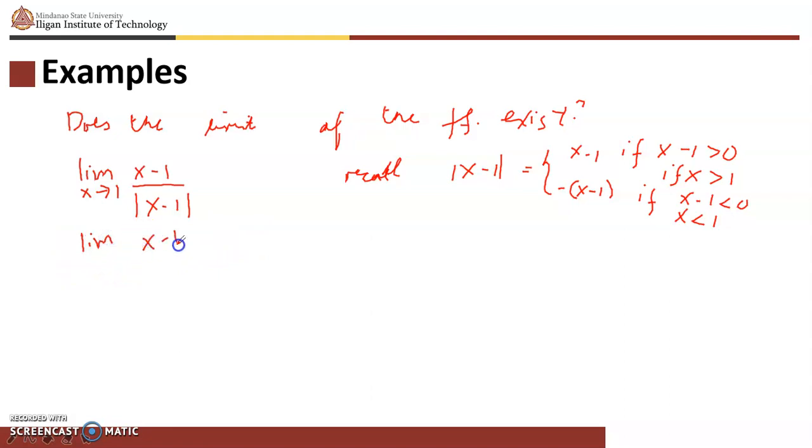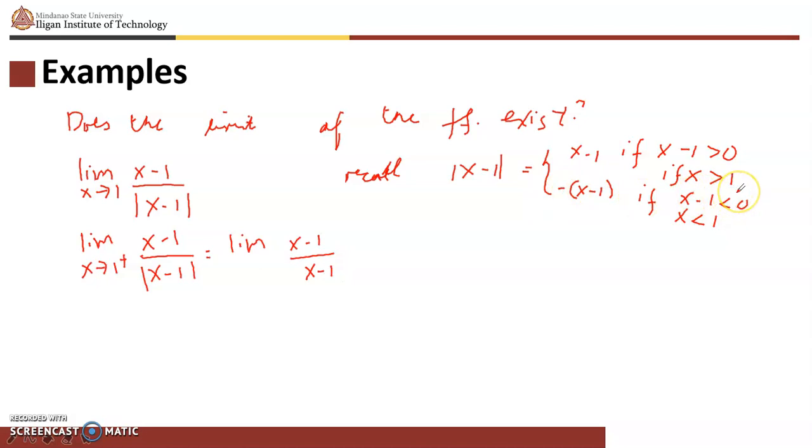Okay, so we can take the limit this time of x minus 1 all over the absolute value of x minus 1 as x approaches 1 from the right. We're going to make use of the positive value. That would become the limit of x minus 1 all over x minus 1, because x is greater than 1.